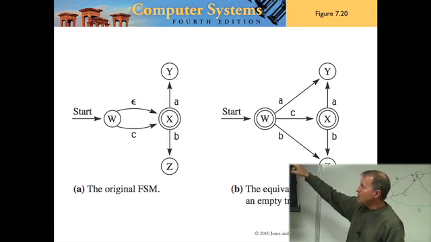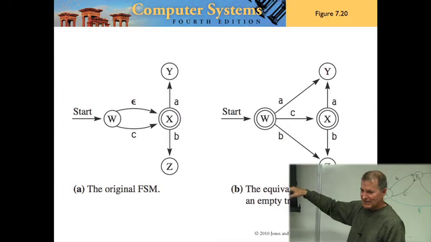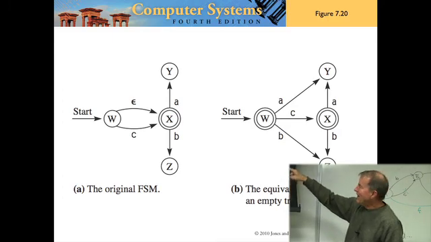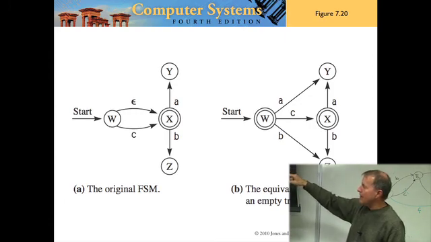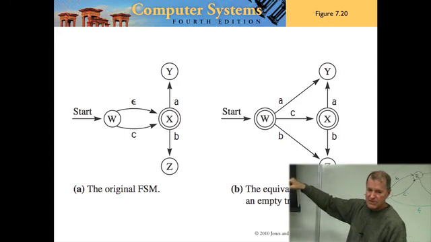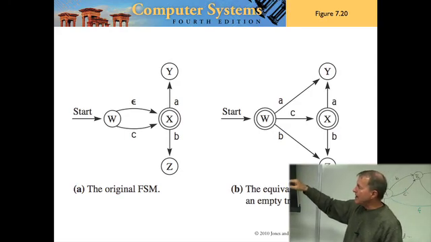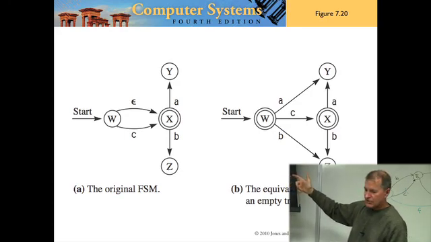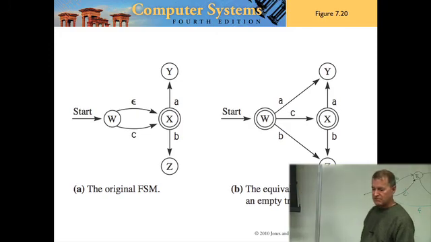Because we're going from X to Y on A. And we also have to be able to go from W to Z on B, because we're going from X to Z on B. X to C. And then because X was the final state, and we had an empty transition to that, that means W has to be a final state, because we could go from W to X on the empty transition and be a final state.